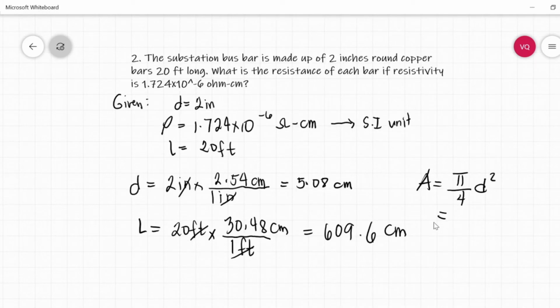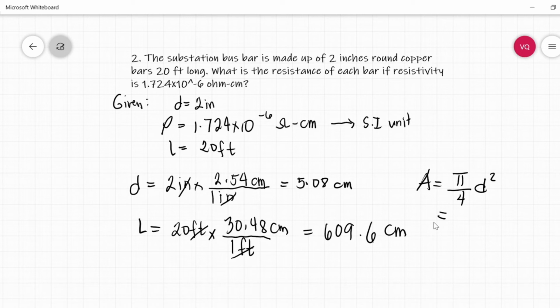Number 2, the substation bus bar is made up of 2 inches round copper bars, 20 feet long. What is the resistance of each bar if resistivity is 1.724 times 10 raised to negative 6 ohm centimeter? So this is centimeter since it is not capitalized. Therefore, this is an SI unit.